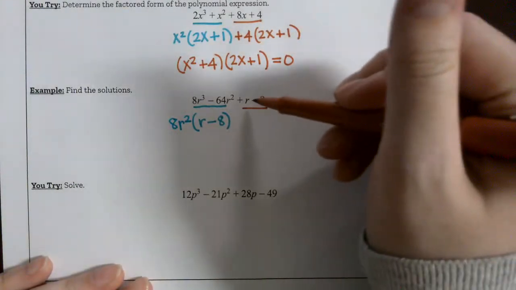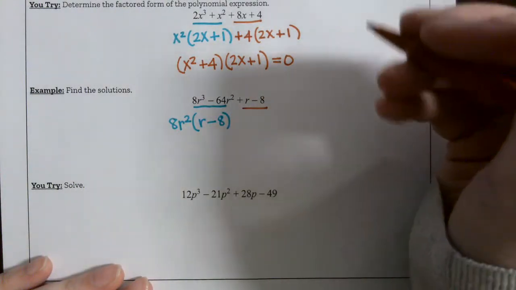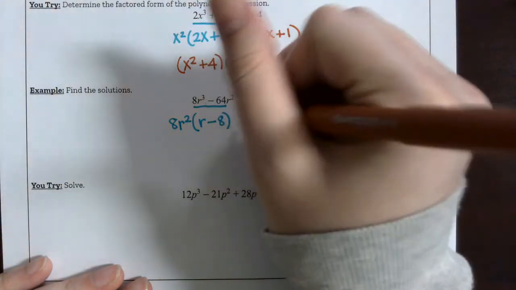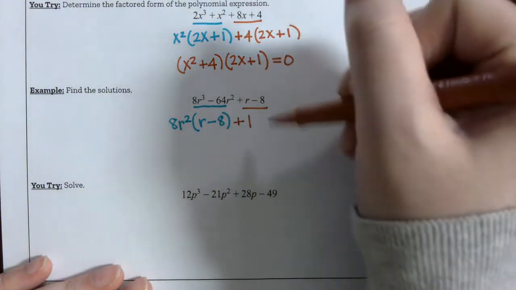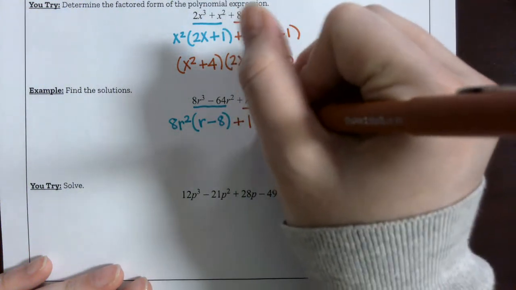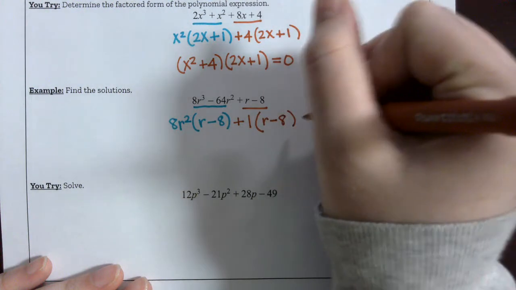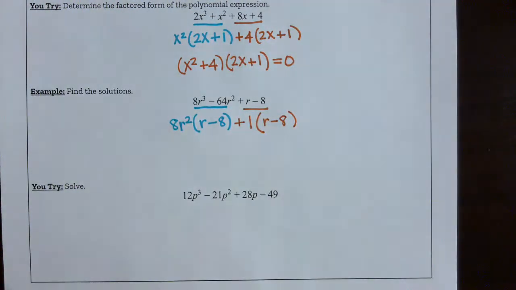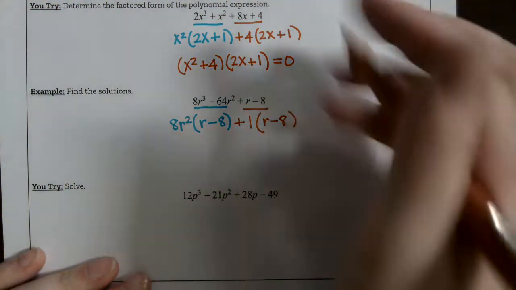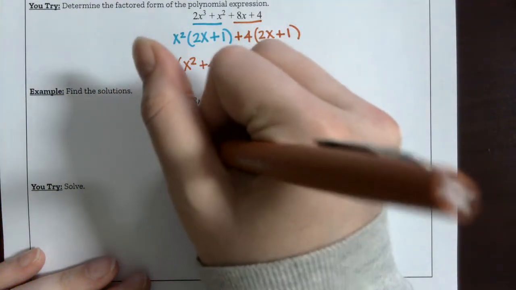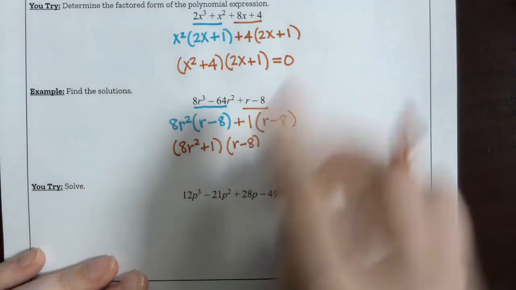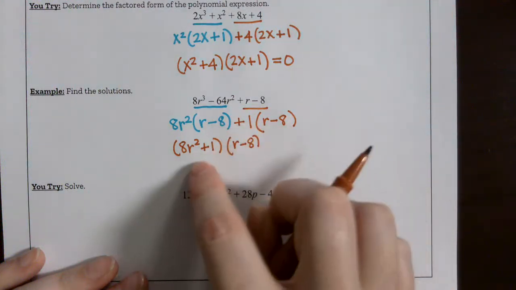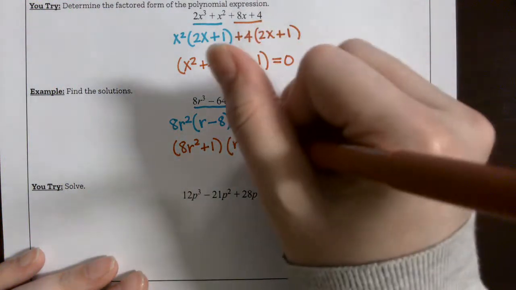Now you notice here that r and 8 don't have anything in common, so their greatest common factor is 1. And you do have to actually pull that out so that you can make your factors in just a second. And I'm left with that r minus 8. So that will give me my factors of 8r squared plus 1 and r minus 8. That's why the plus 1 needs to be there so that we can complete this factor.